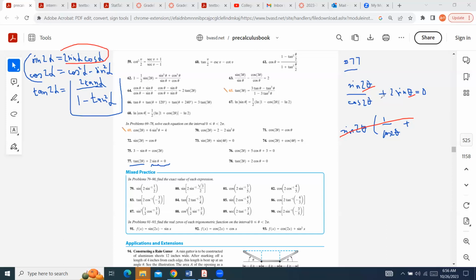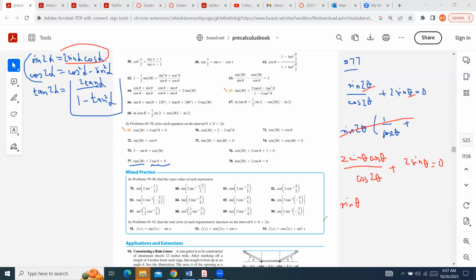So after I replace my sine 2 theta with 2 sine theta times cosine theta, I'd be able to factor something out. Let me rewrite that, and then I'd be able to take out the sine theta.